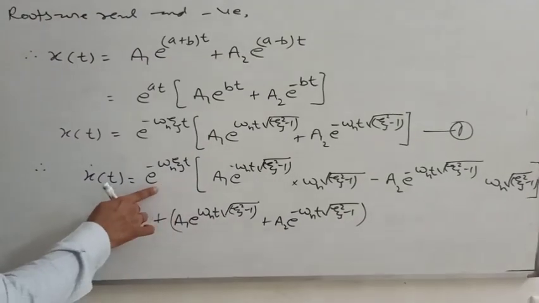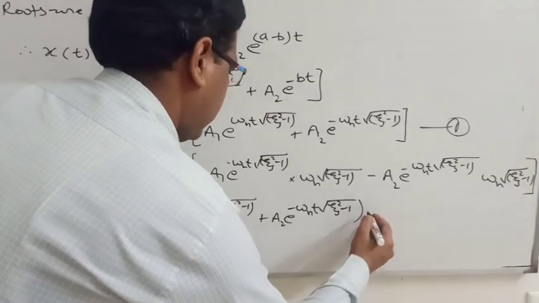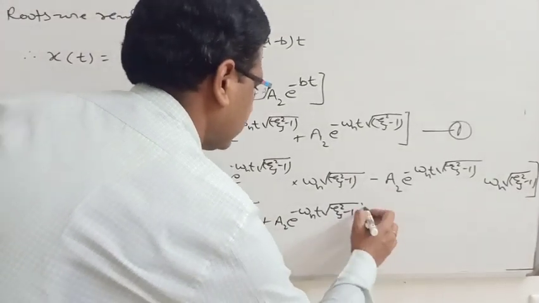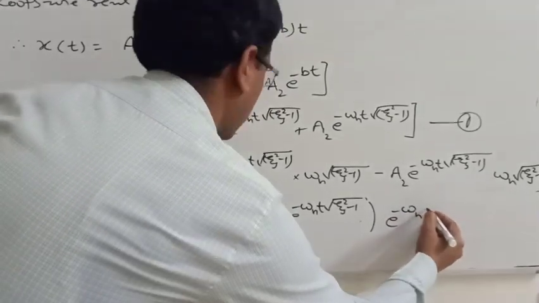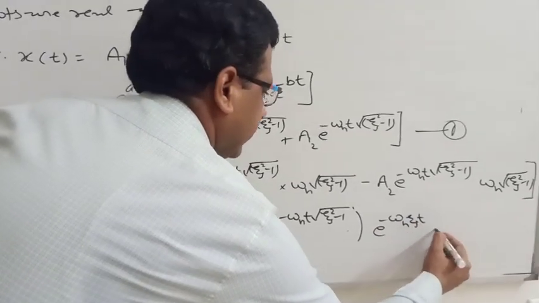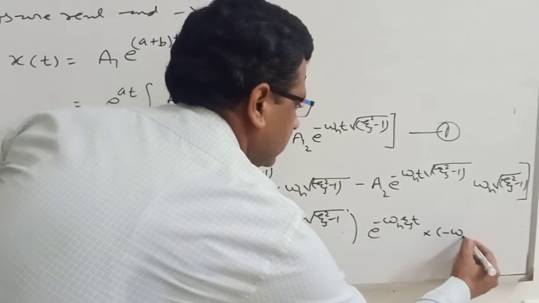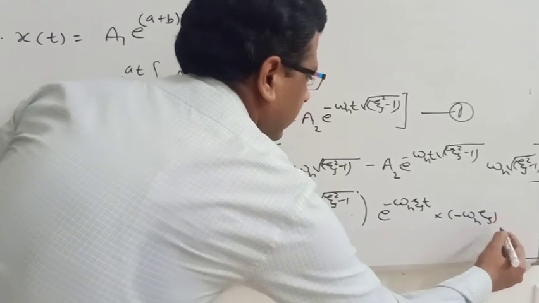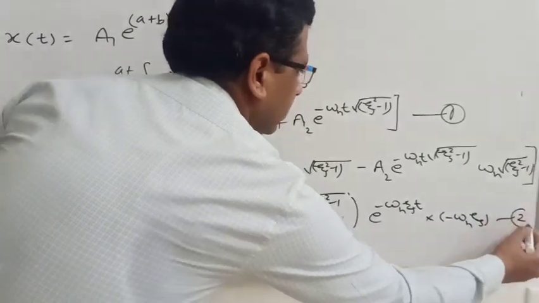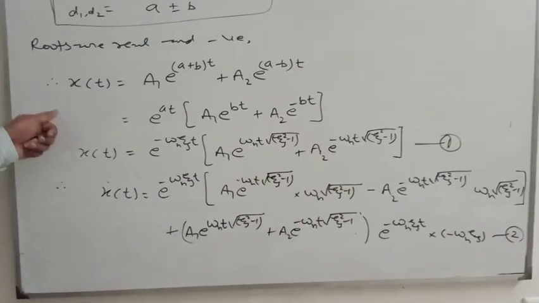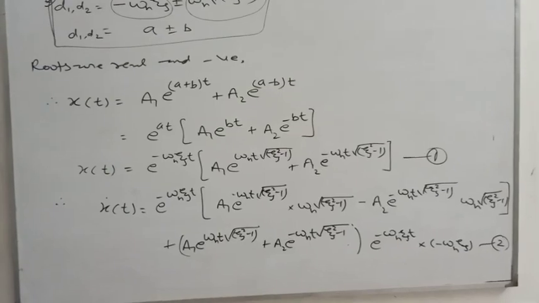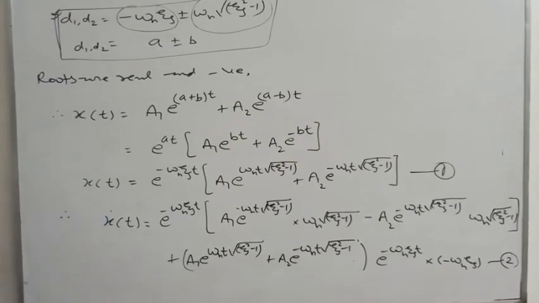Differentiating this, the differentiation is exponential power omega n t multiplied by minus omega n zeta. This is our equation number 2. From this equation we can calculate the boundary conditions.